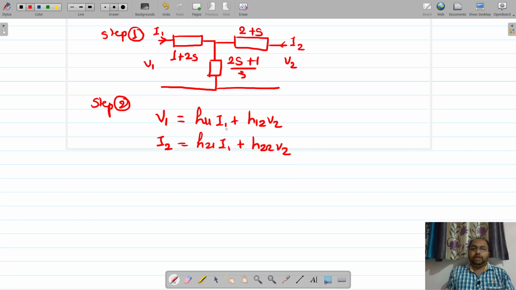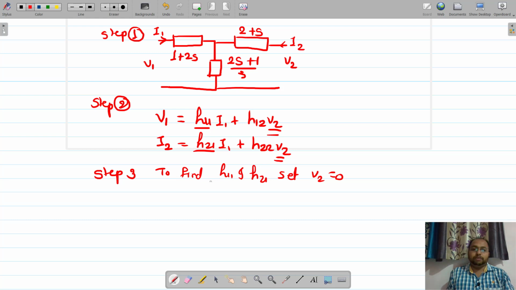To find the first two parameters, we need to make a short circuit at the output port. So write down step number 3: to find H11 and H21, set V2 equals to 0.